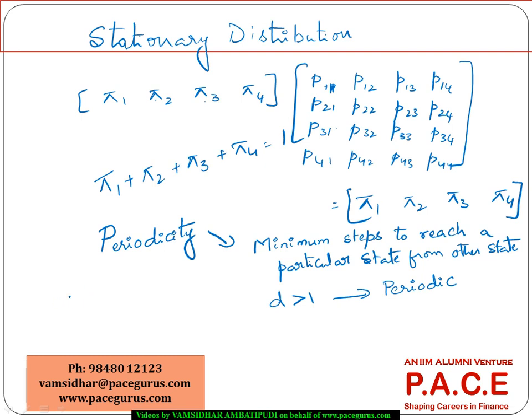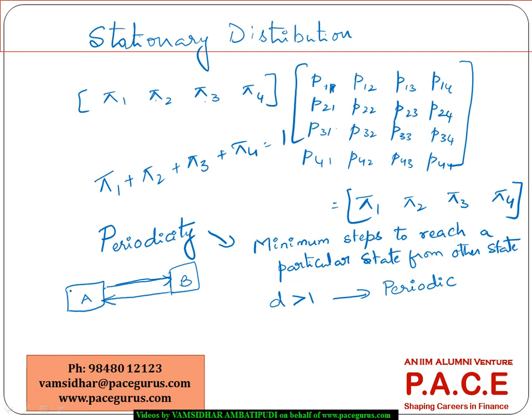For example, I'm talking about a state A and a state B. Within one period, let's say something comes from state A to state B, and in the next period it comes to state A again.